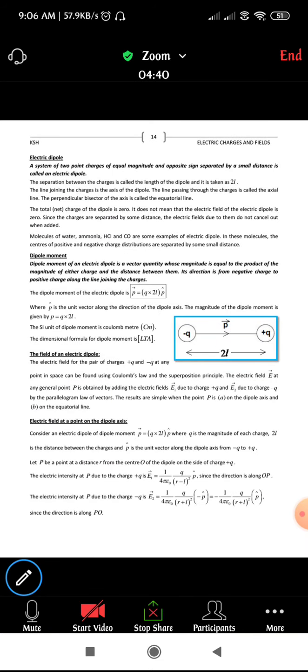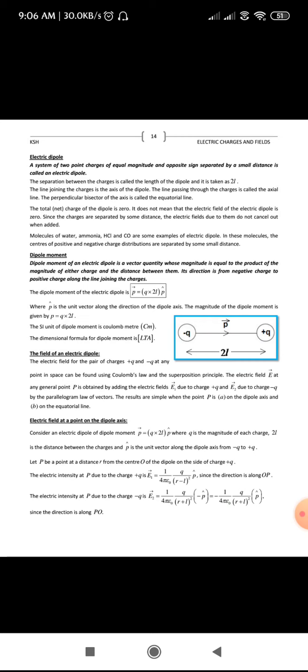Next, what do you mean by an electric dipole? An electric dipole is a system of two point charges of equal magnitude and opposite sign separated by a small distance. The distance between the two charges is denoted by 2L.